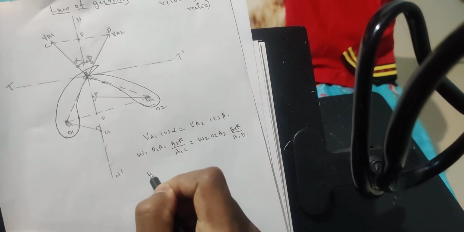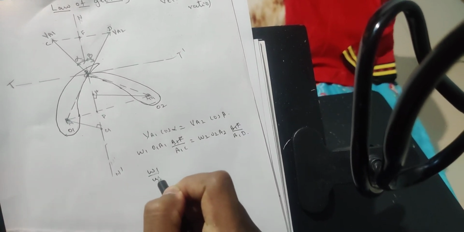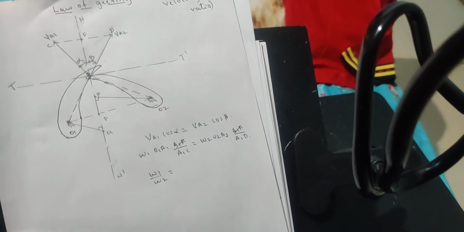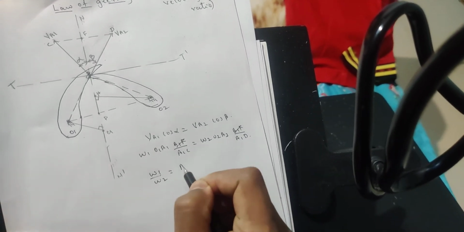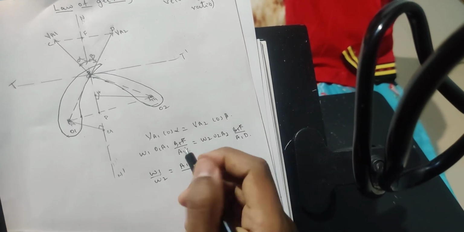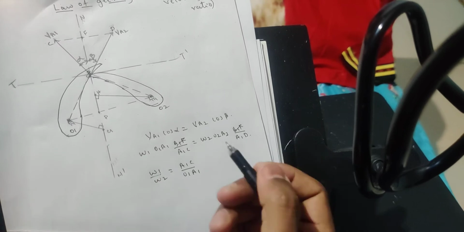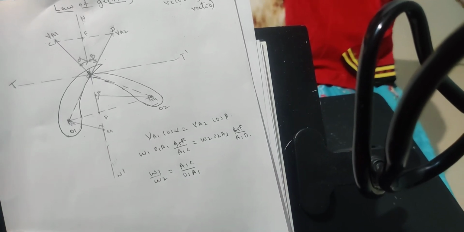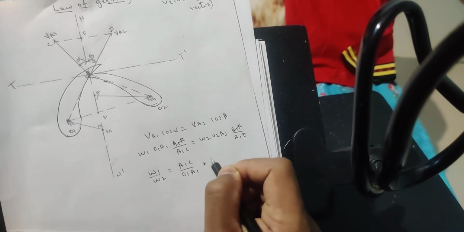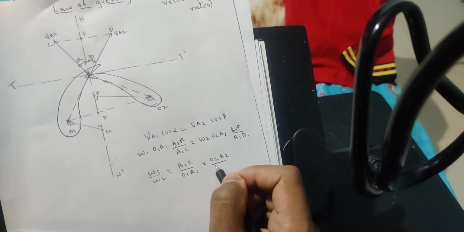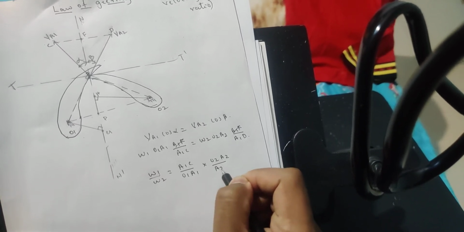If I want to write the ratio between the velocities, omega 1 upon omega 2 can be written as A1C upon O1A1, omega 1 upon omega 2 equals A1O1 into O2A2 upon A2D.